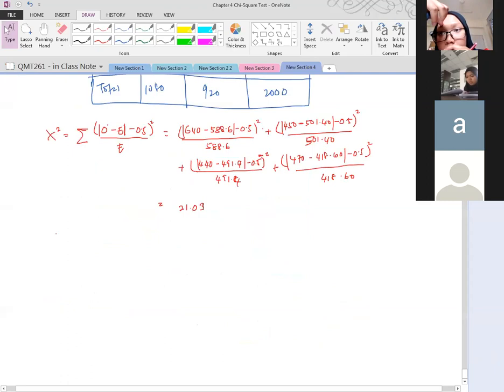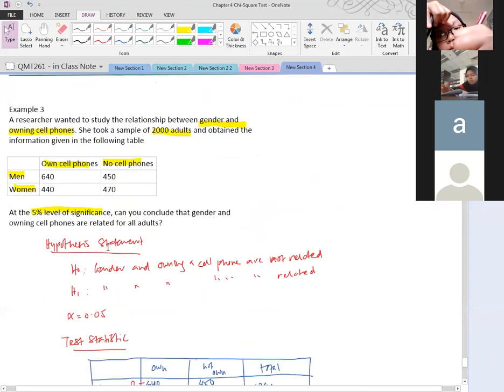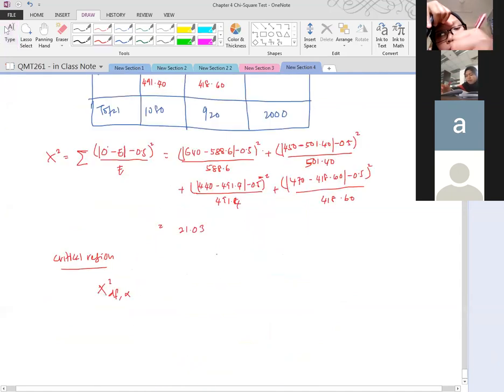So next is our critical region. Our chi-squared has degrees of freedom and alpha. Alpha is 0.05. Before that, we need to find the degrees of freedom. So our degrees of freedom is row minus 1 multiplied with column minus 1.